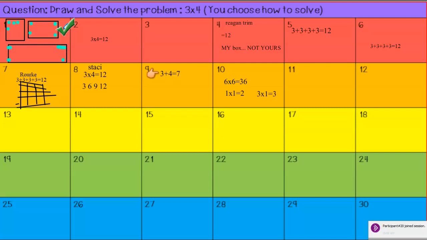All right, Kennedy, you've got the mic. Explain your way to us, please. Okay. 6 times 6 equals 36. 1 times 1 equals 2. And 3 times 1 equals 3. All right, what would you get for 3 times 4?